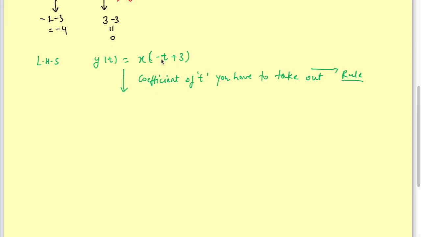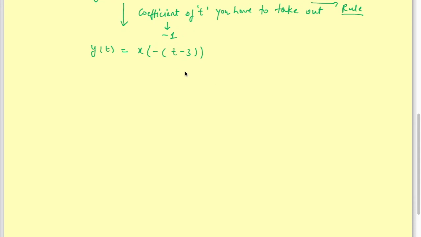The coefficient of t in this equation is minus 1. So if I take out minus 1 here, it will look something like this: minus of t minus 3. So the basic operations here are, first, time reversal, and the second one is time delay by 3 units.